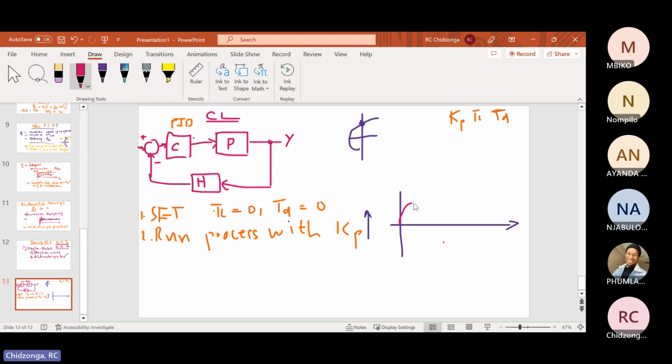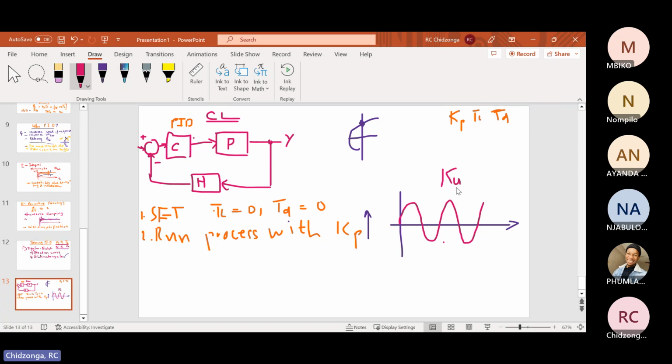You get a sinusoidal response at some point of KP. The corresponding value of gain is what we call KU, the ultimate gain.